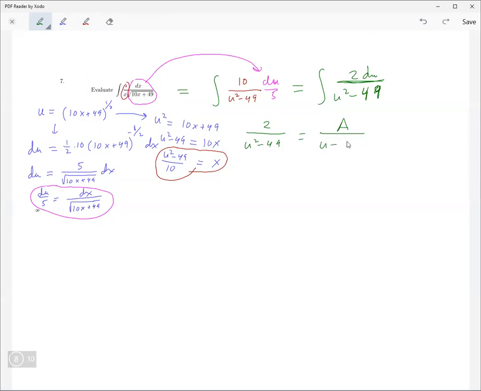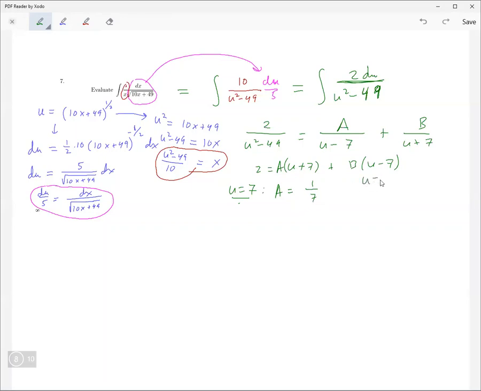So this factors into u minus 7 and u plus 7. Multiply everything by this, you get 2 equals A times u plus 7 plus B times u minus 7. Set u equal to 7, and that goes away. This becomes 14, and so A is going to be 1 over 7.